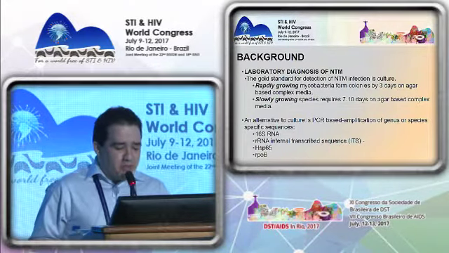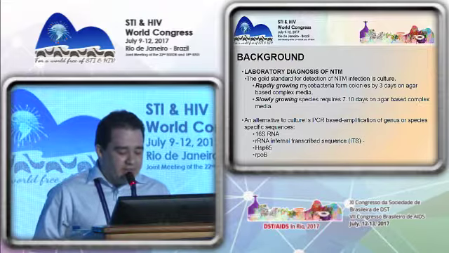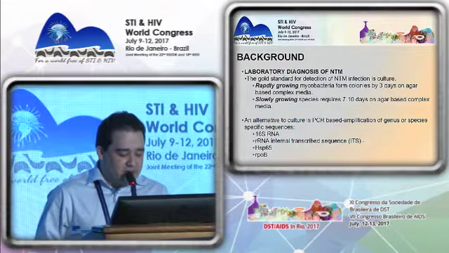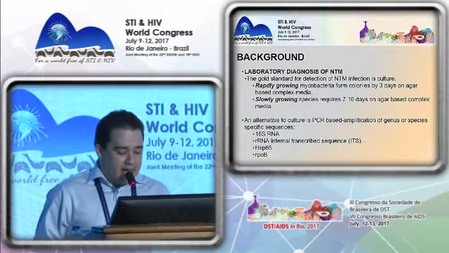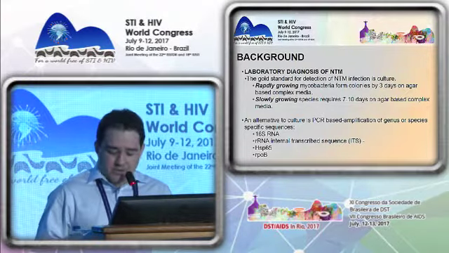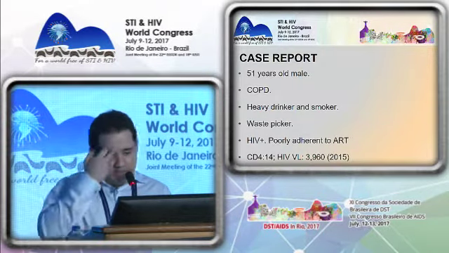An alternative to culture is PCR-based amplification of genus or species-specific sequences such as 16S ribosomal RNA, internal transcribed spacer, ITS, HSP65, and RPOB gene. So let's go to the case report.